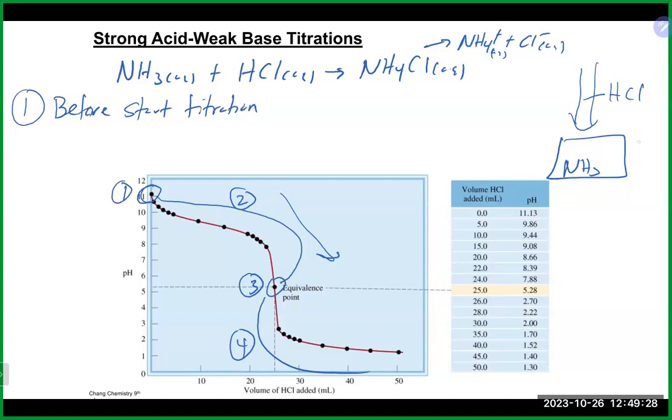The only thing we got sitting there in our beaker or flask is NH3 in this case, which is a weak base. How do I find the pH of a weak base? I should do an ice table.